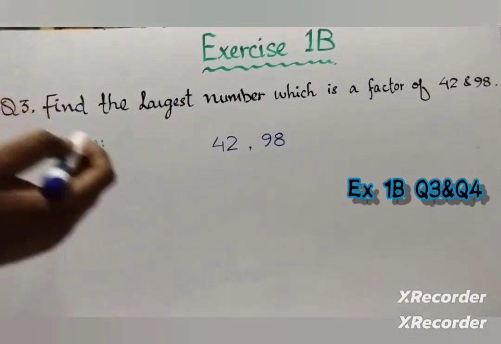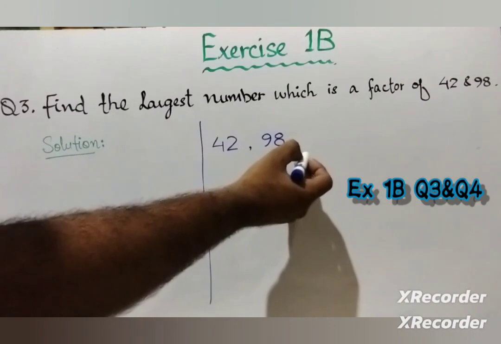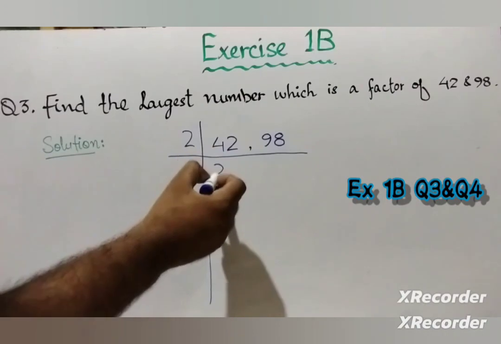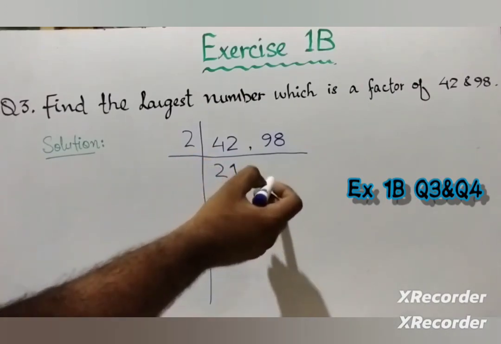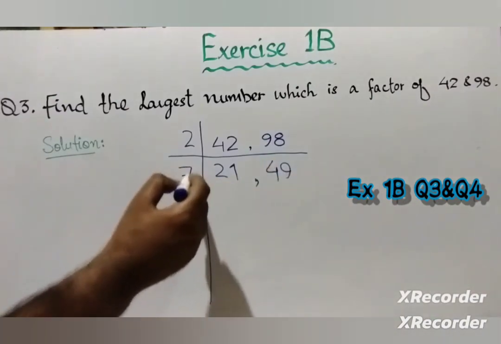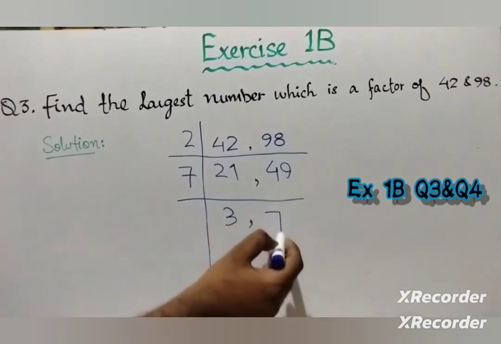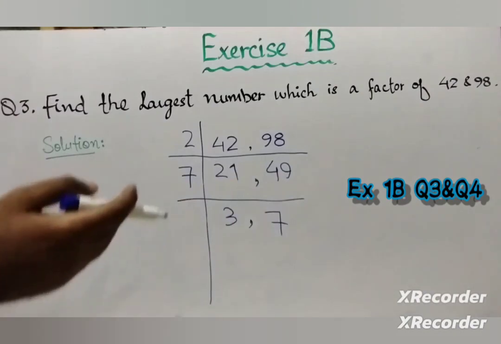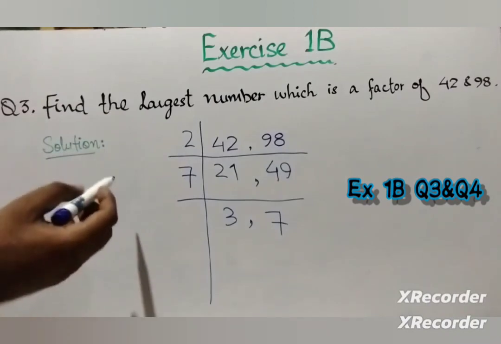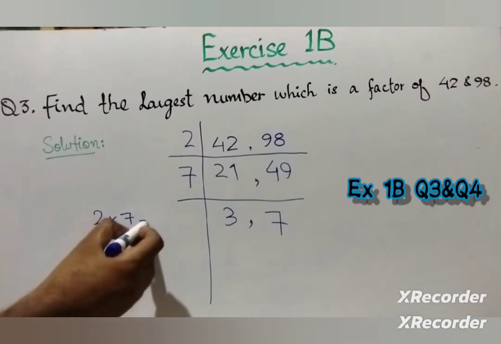So we have learned how to find the SCF of these two numbers. 21, 49. 7 3s are 21 and 7 7s are 49. From this we do not get any further common factor, so our answer will be 2 multiplied by 7, that will be 14.